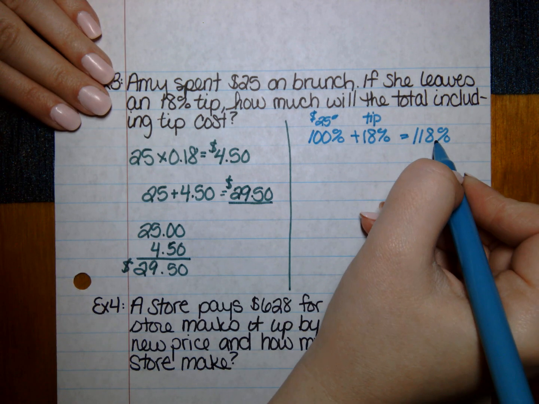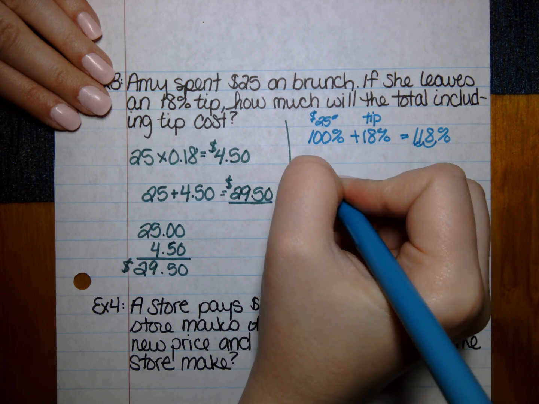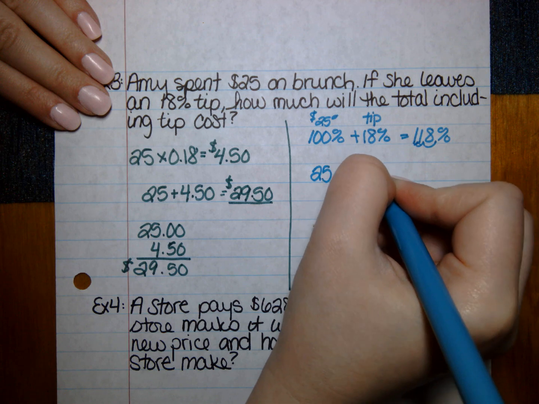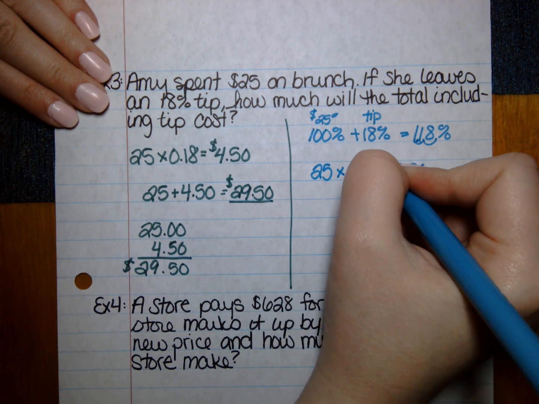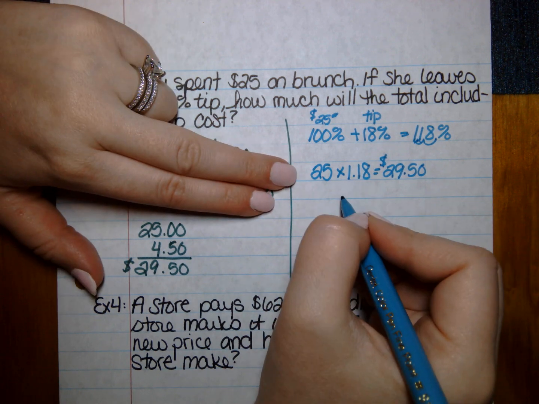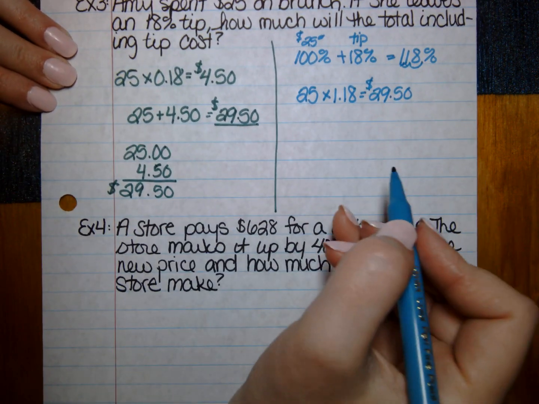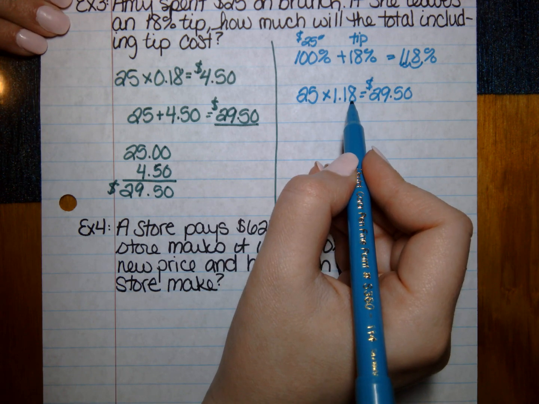So when I want to change it into a decimal, move it 1, 2 places. So I now have the original cost of $25 times 1.18, which again is going to give you $29.50.